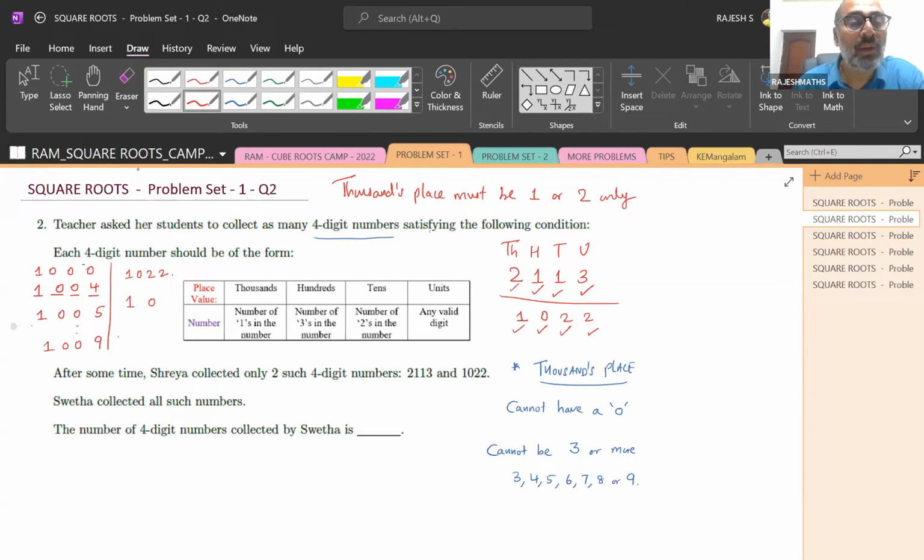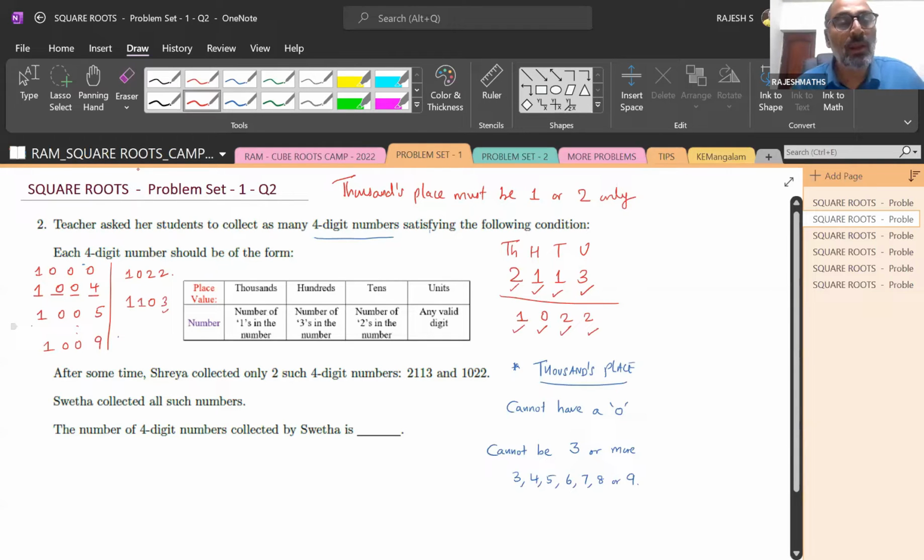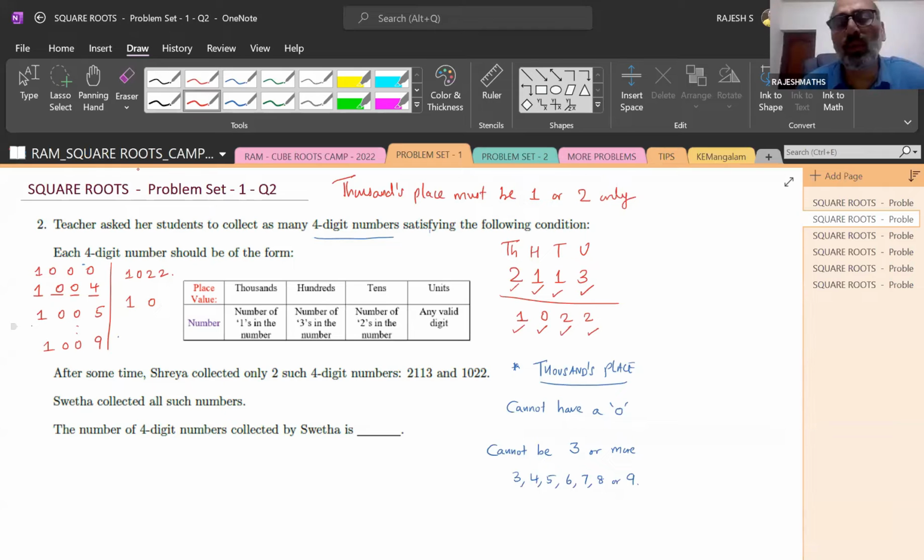If I put another 1, then the number of ones will increase, right? If I put 1 3, then I have to put 1103, and this is a problem. If you put 2, then you need 2 3s. It's not possible. So therefore, it is only with the second 0.